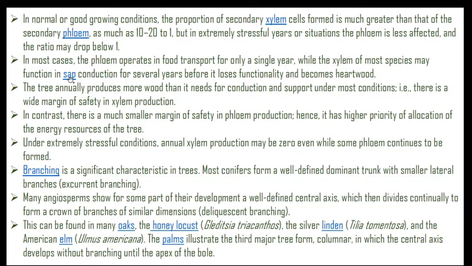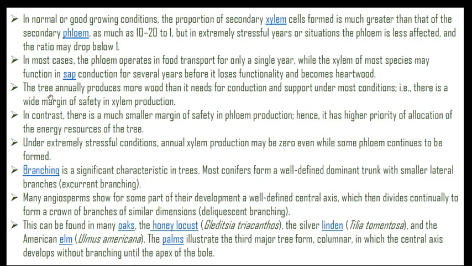Meaning, the xylem cells, which are non-living in nature, can hold sap and transport water and minerals, but after a few years they lose their functionality, die, and become a part of the heartwood.